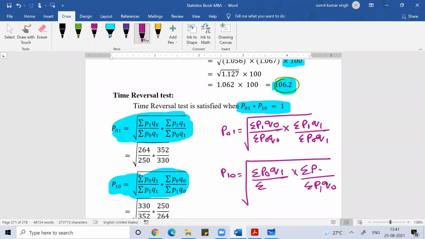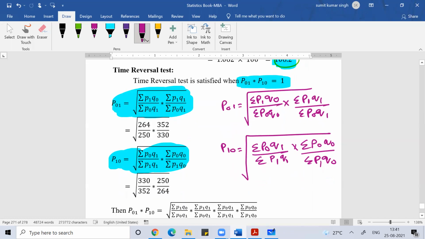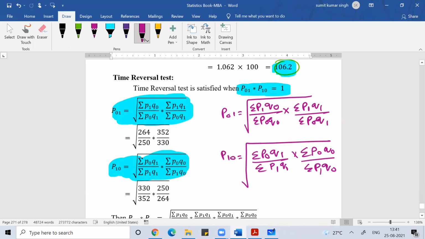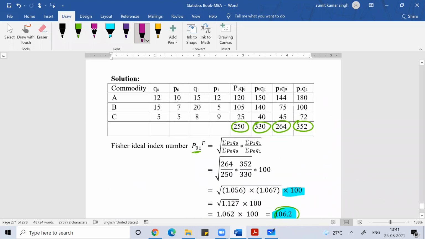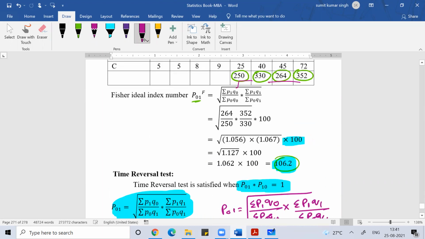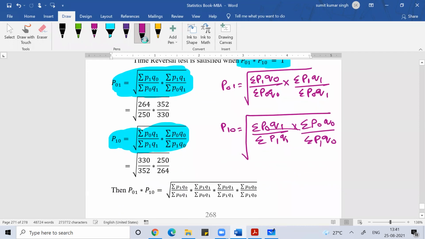This will be sum of P naught Q naught and sum of P1 Q1. If you multiply them, you already found all the values, you just need to put them here. So the sum of P naught Q1.